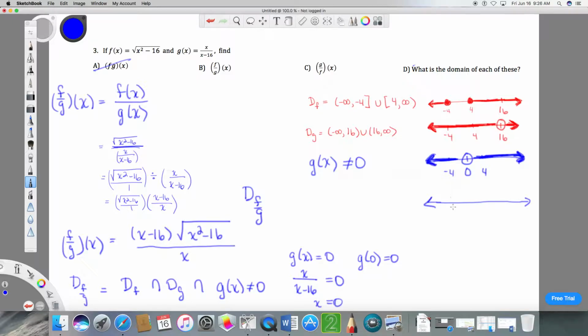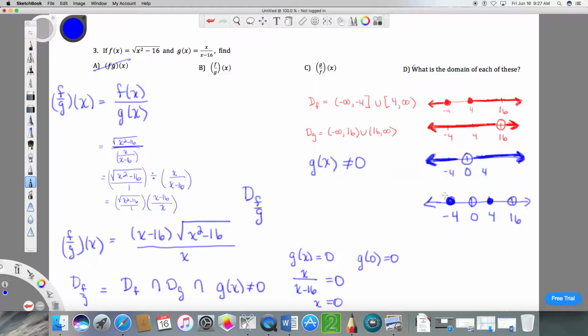So -4 is shaded in all three sets here, so -4 is going to be in my intersection. 0 is not shaded in all three sets, so 0 is not going to be shaded in my intersection. 4 is shaded in all three. 16 is not shaded in all three.